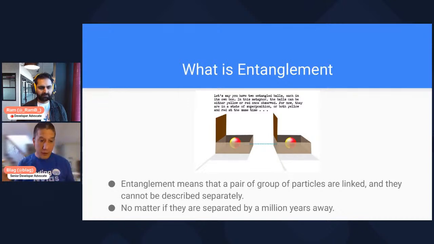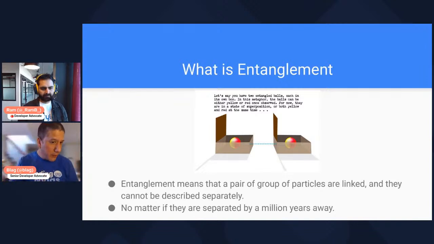If we're not looking, because the boxes are closed, the balls can be either red or yellow, or both at the same time. Let's say I open this first box and I see that the ball is red. When Ram opens the second box, the ball is going to be red for sure, 100% red.